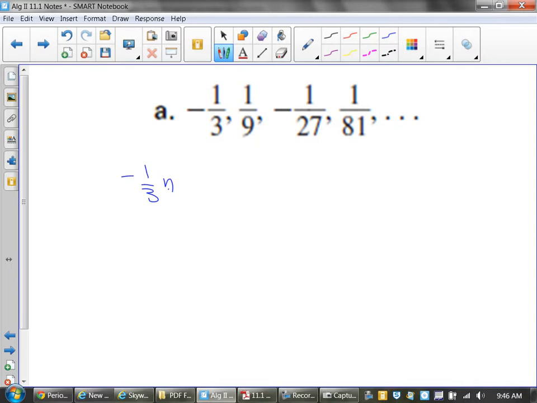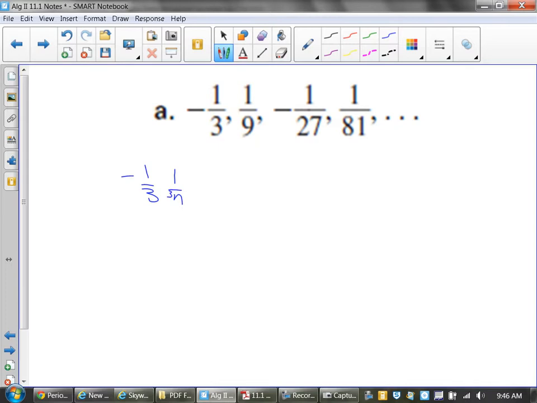Well, even if I do that, 1 over n, well, 3n. It's going by multiples of 3s. But how do you denote that the n is going by 3s? Because it's 3 times 1, 3 times 3, and 9.